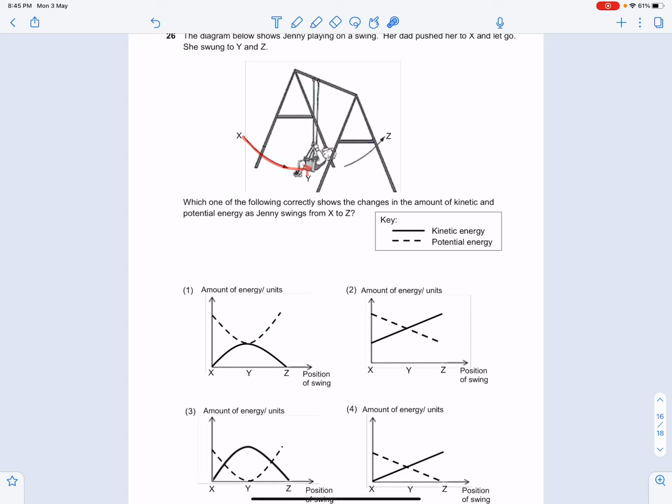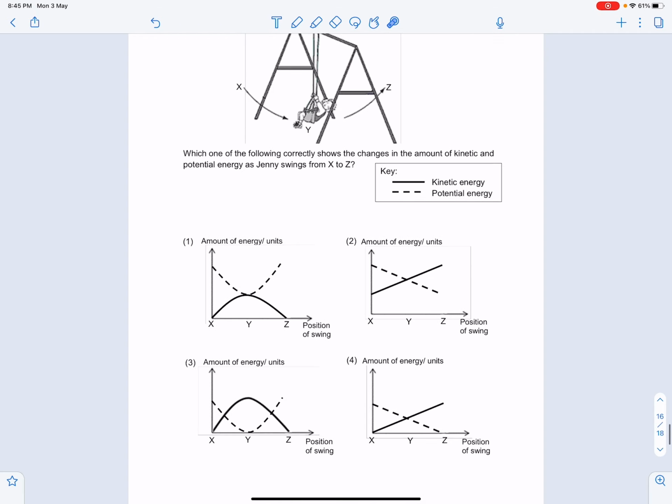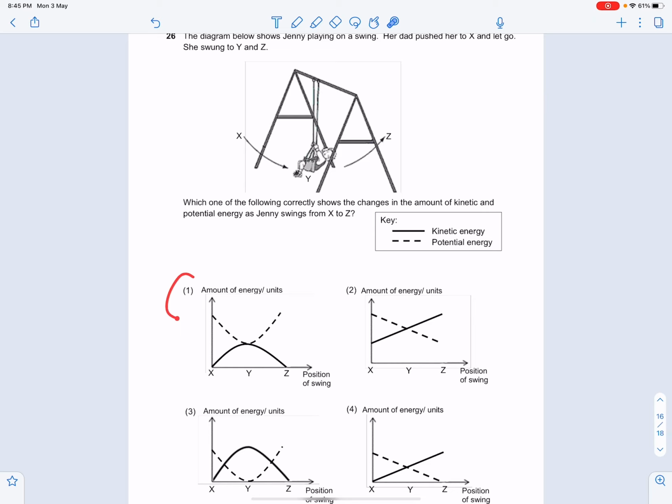So this will be my maximum. And then after that, it slowly decreases, because kinetic energy will be converted back to potential energy at Z. So in this case, the answer would be 1.